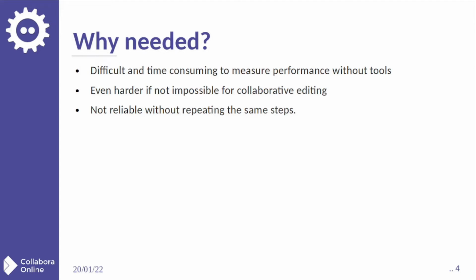We would like to see these reliable results, especially when we improve something and we would like to tell the world, hey, we improved this or that by 10%, or we are 50% faster now. All of these can be achieved with an automated tool.